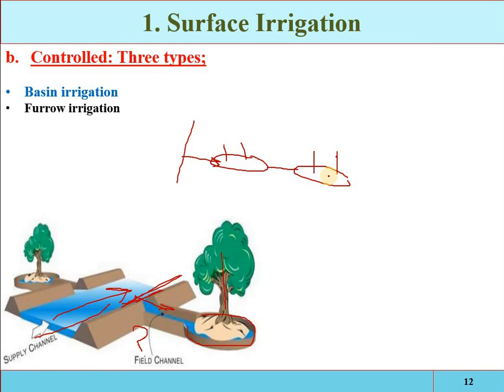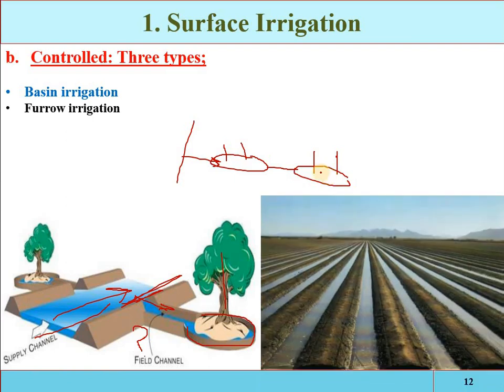So this is one of the controlled surface irrigation methods. The second one is furrow irrigation. Here you can see that the field is divided into these small furrows. These are furrows, or these are called ditches, and these are called dikes, or bunds, or levees.